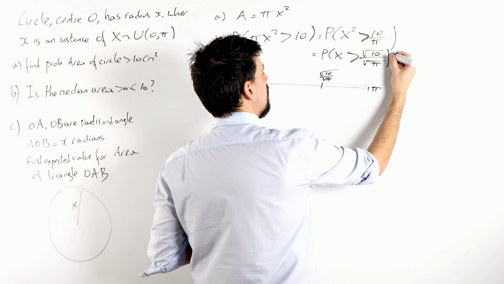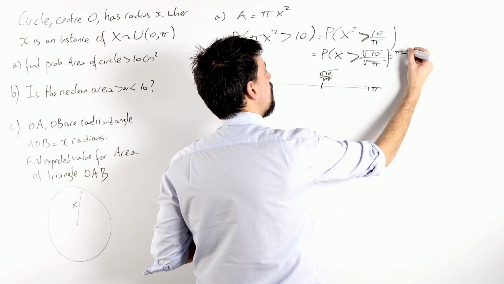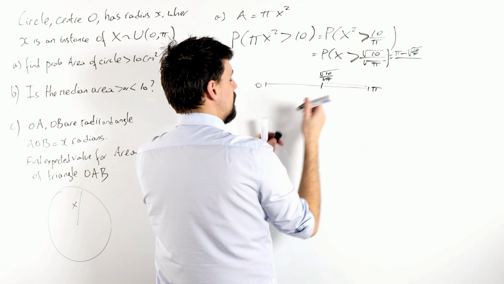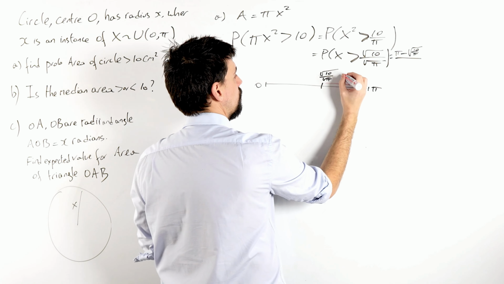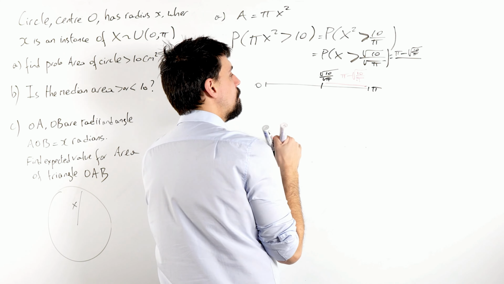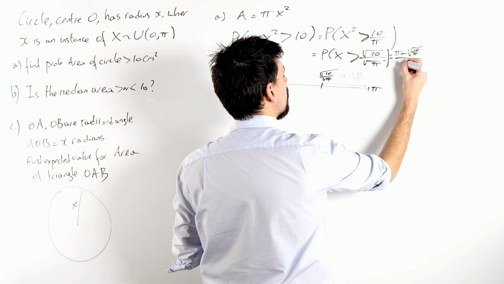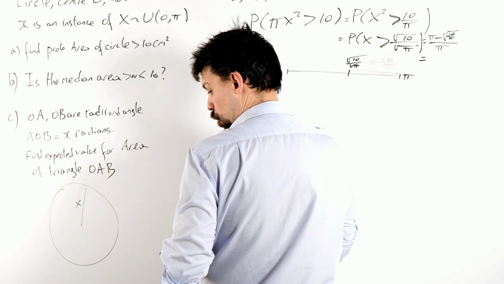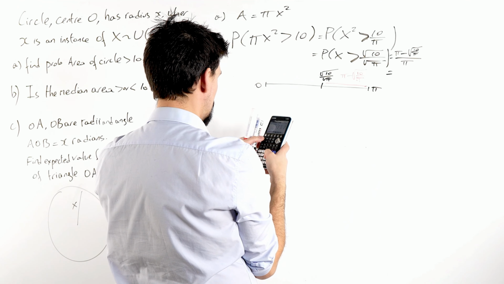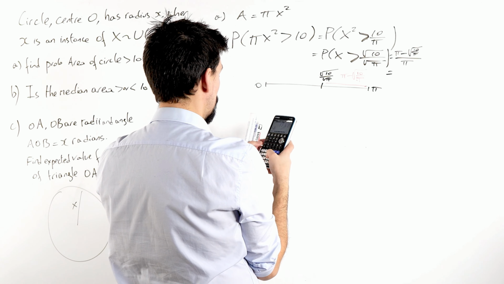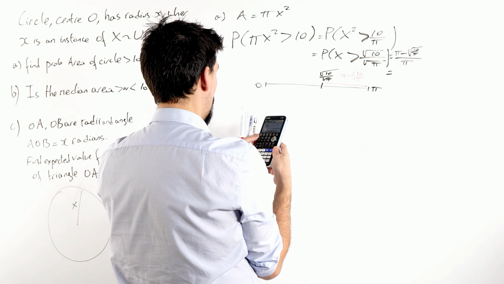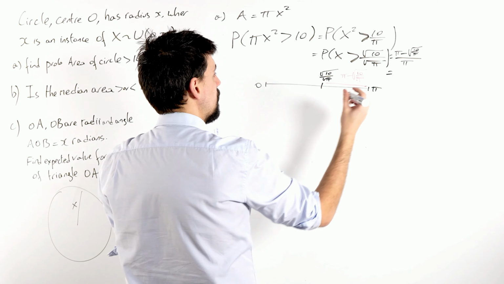So that is going to be pi minus root 10 over pi, which is that distance there, and divide that by the total length pi. Pi minus square root of 10 over pi, whole thing over pi, gives 0.432.